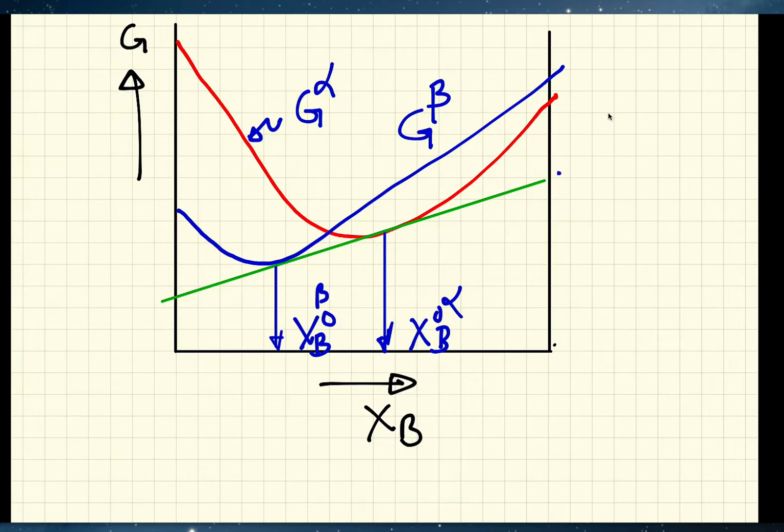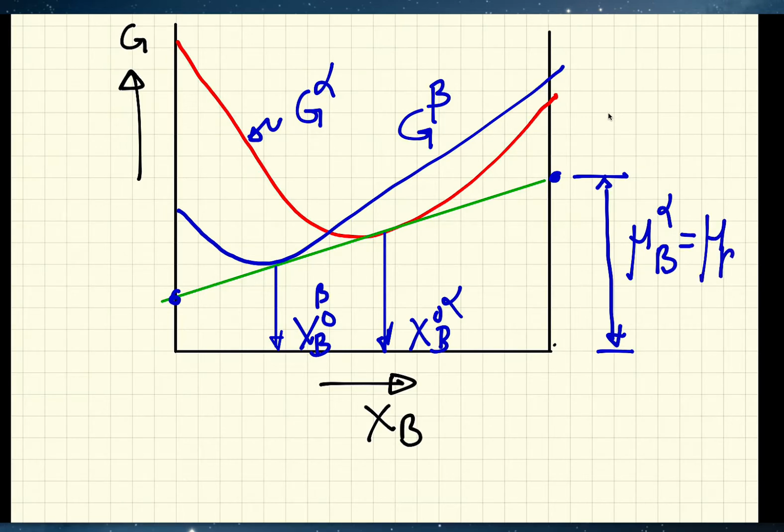And by now, from the graphical construction that we had before, we can make certain that the intercept on this side is mu of element B in the alpha phase, and that is also equal to mu of element B in the beta phase.